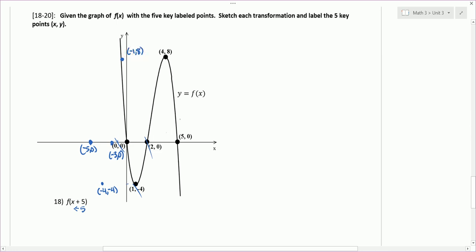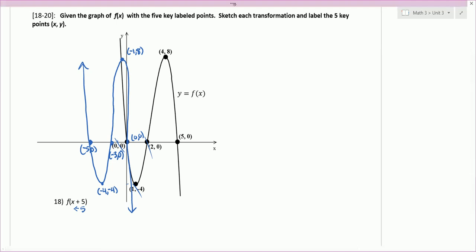And then one more point, 5, 0, subtract, and you end up at 0, 0. And if I were to sketch that, something like that.